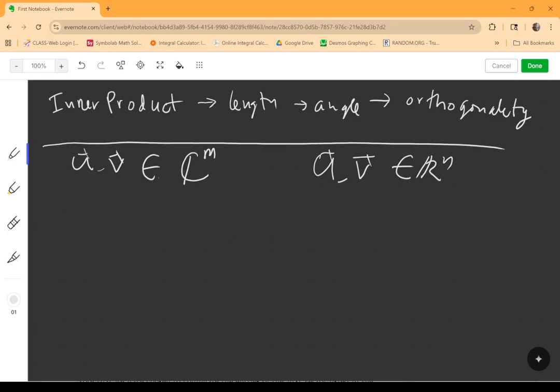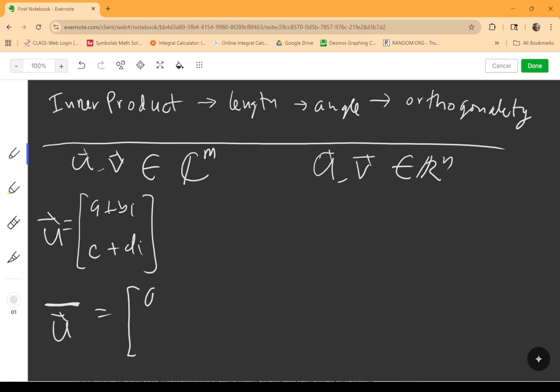In the complex number space, a vector u might be a plus bi, c plus di, and the conjugate would be a minus bi, c minus di.